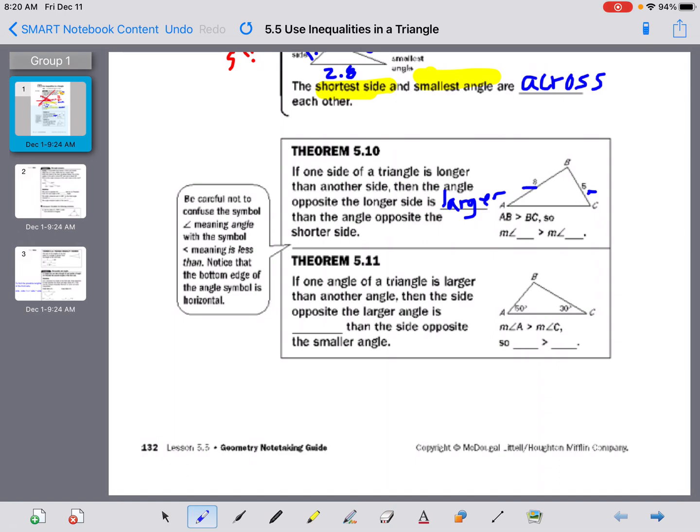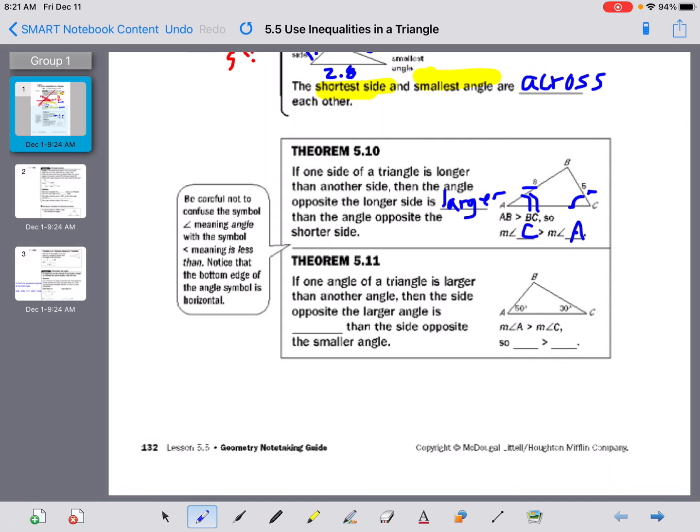So across from the 8, this angle C has to be larger than across from the 5, which is angle A. Because C is across from the longer side, it has to be bigger than A. Now, quick note, we don't know their measures. We just know which one is larger, okay? So just keep that in mind. You don't always have to know their actual numbers. We just know which one needs to be bigger.